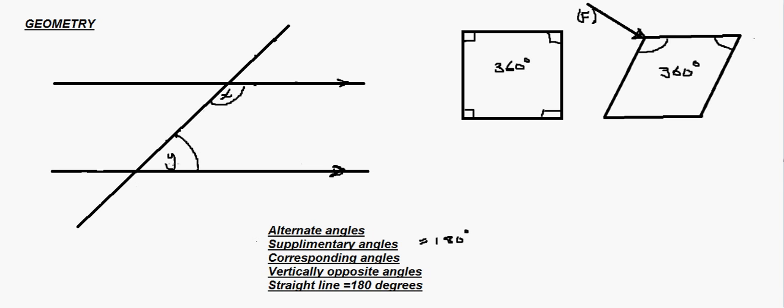Equally, if this happens here and this happens here, they're corresponding. Vertically opposite angles, if this angle is x, this angle will be x. If this angle is y, this angle will be y. And a straight line is 180 degrees. Okay? I hope that helps.